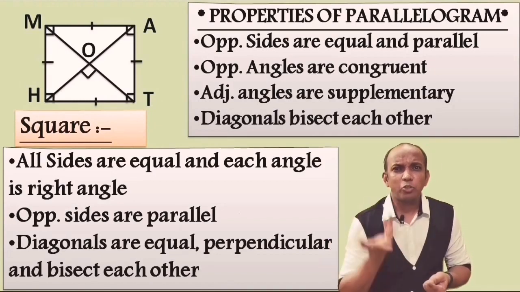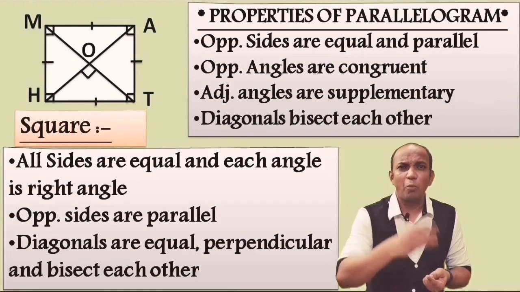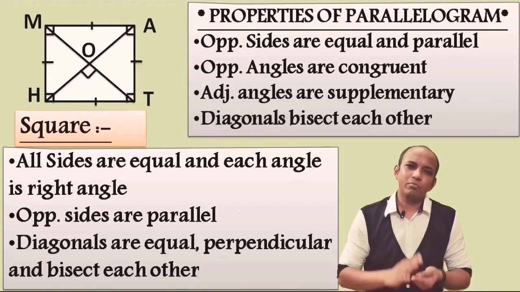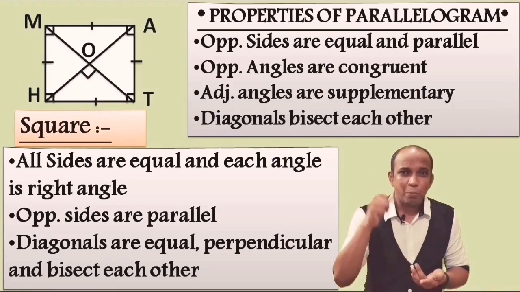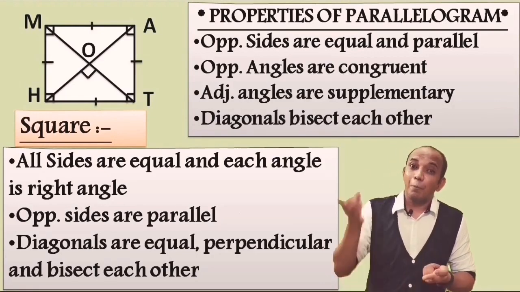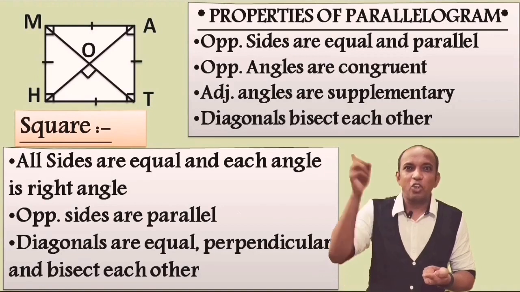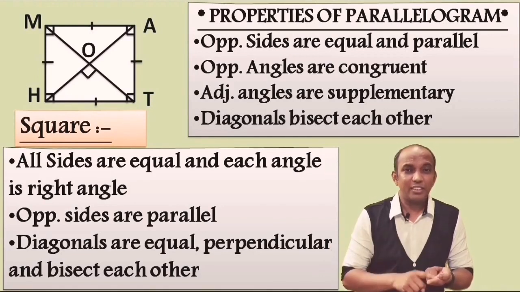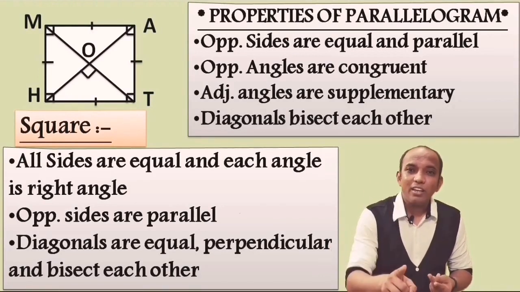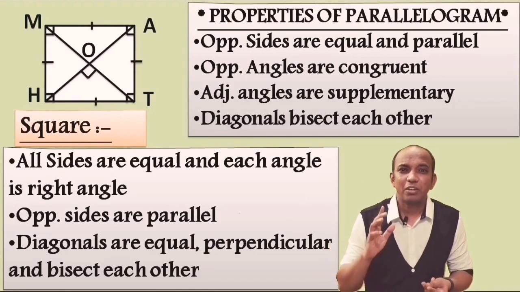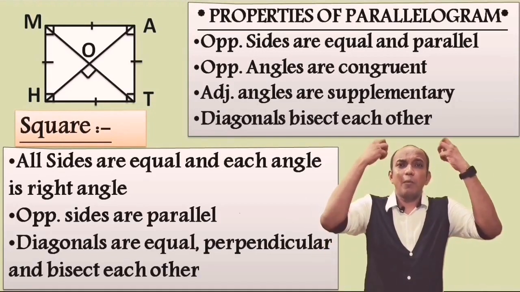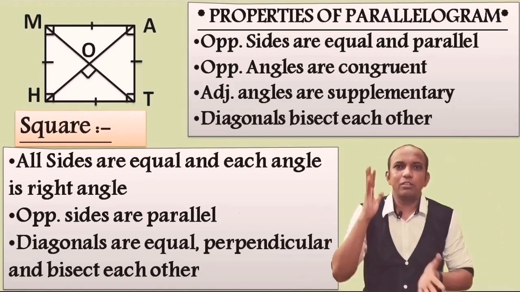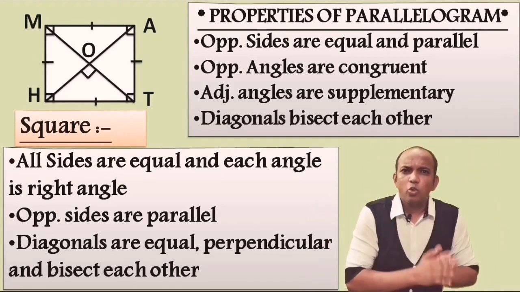As all angles are equal, opposite angles are also equal, so the property of rhombus and parallelogram is also present. The next one is diagonals bisect each other, a property of parallelogram. Diagonals are perpendicular to each other, a property of rhombus, is also present. Diagonals are equal, a property of rectangle, is also present. So all these properties make the ultra parallelogram, that is square. Isn't it nice?